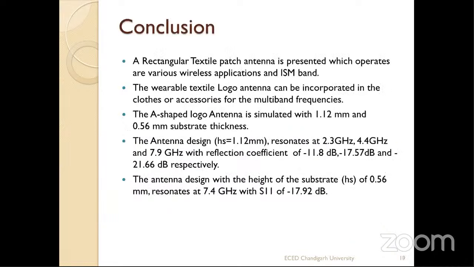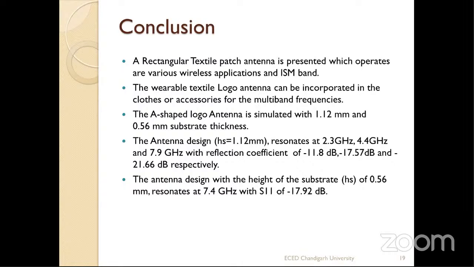So what do we conclude from this antenna design and the S11 result analysis? A rectangular textile patch antenna is presented, which operates for various wireless applications and medical applications in the ISM band.